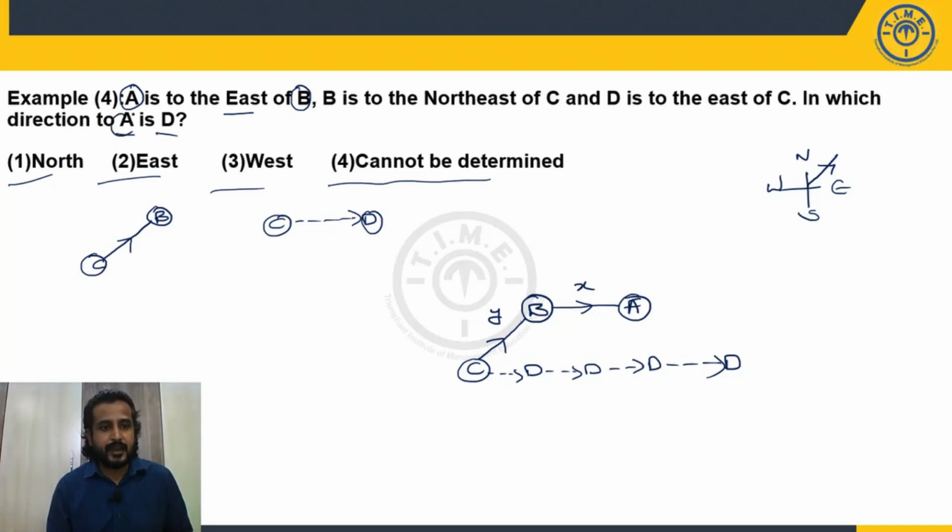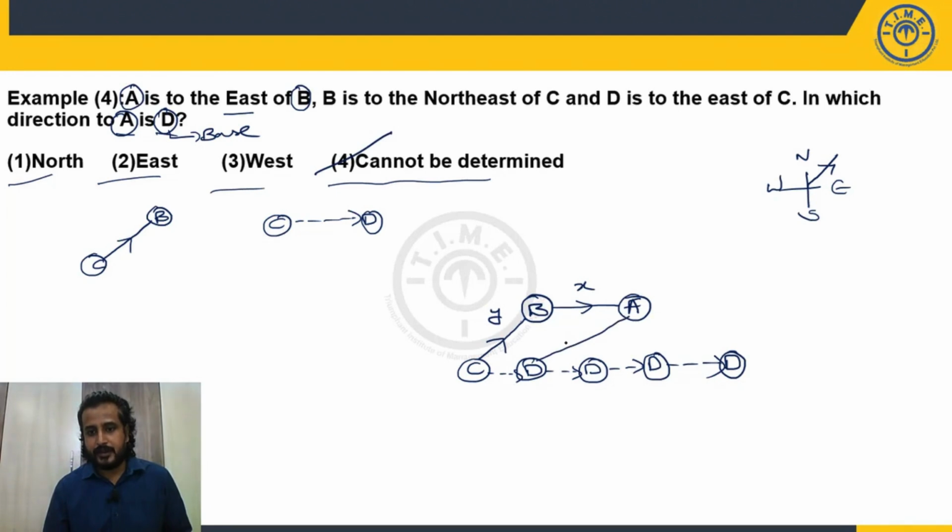Now what is the given question? In which direction is A with respect to D? Which direction is A with respect to D means D is the base point. So from the base point we need to see A. But do you know where exactly the base point is? No. So without knowing that, can you answer? No. So what is your answer? Cannot be determined.